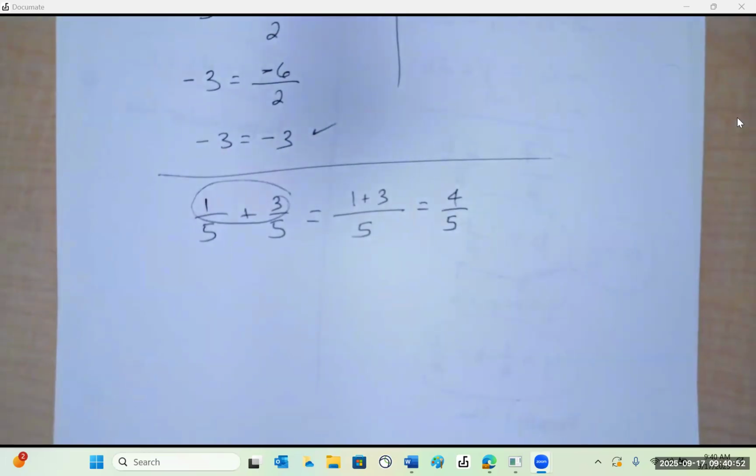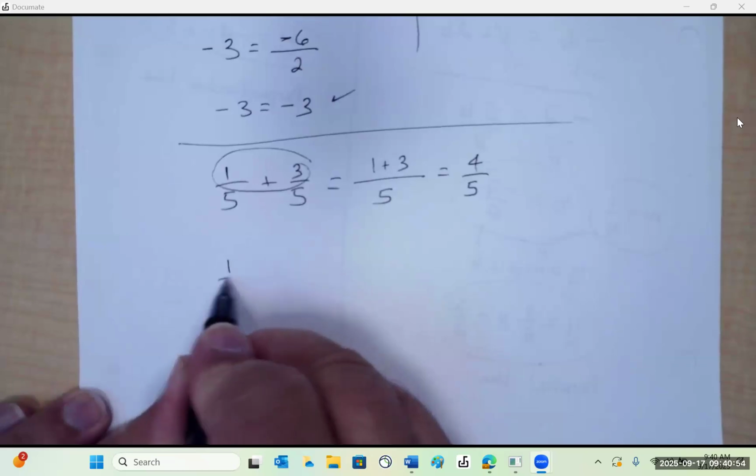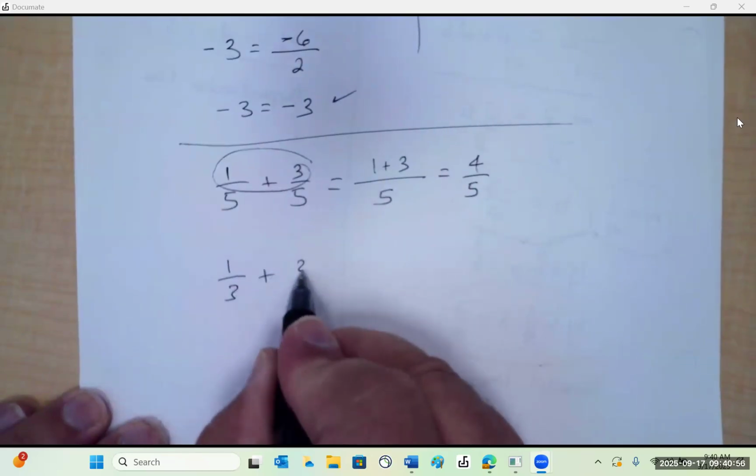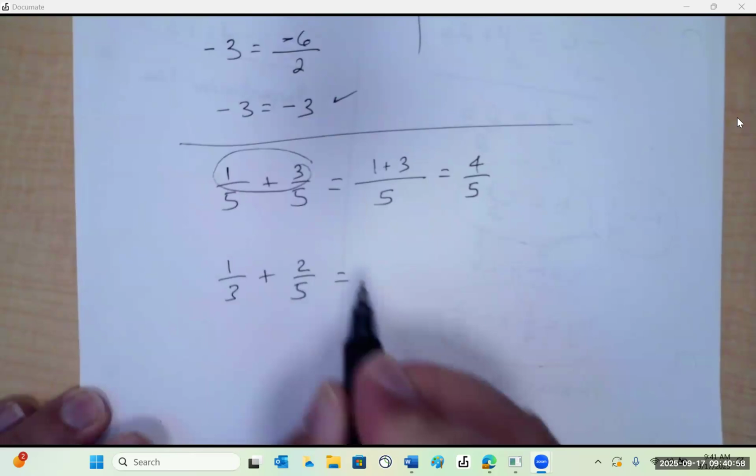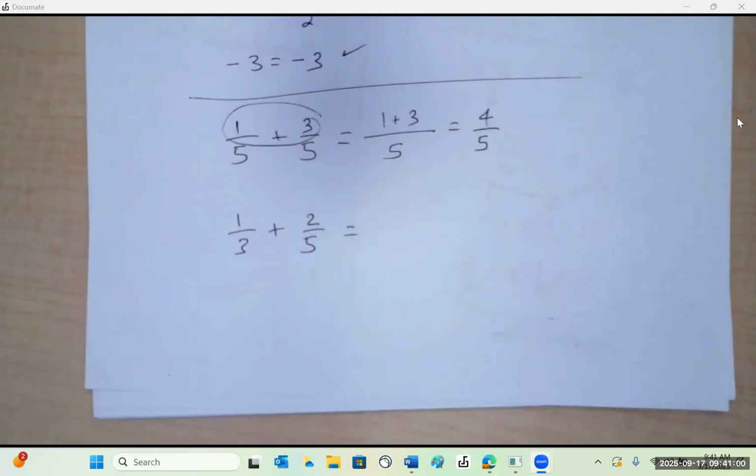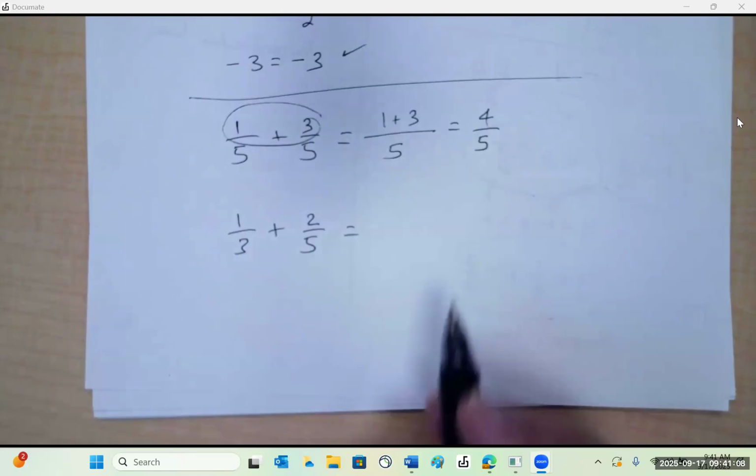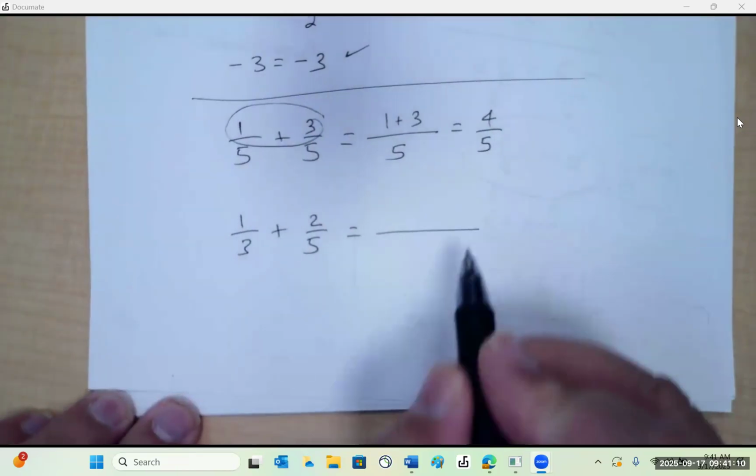Pretty easy. How about if I had 1/3 plus 2/5? There's no problem with it. We know the answer is going to be a fraction.